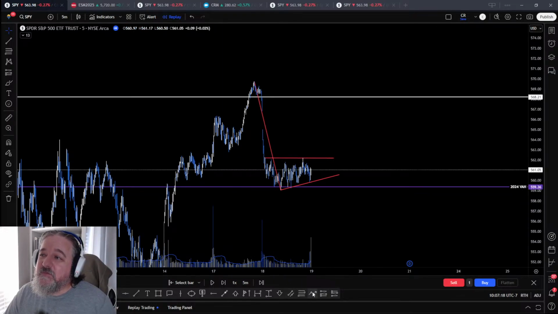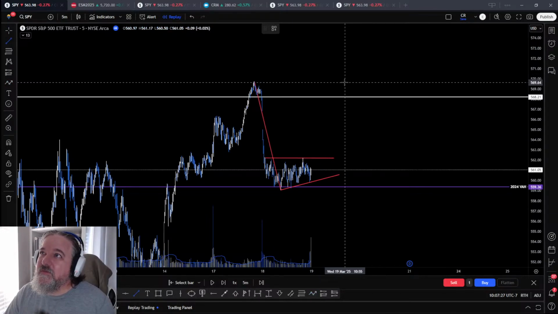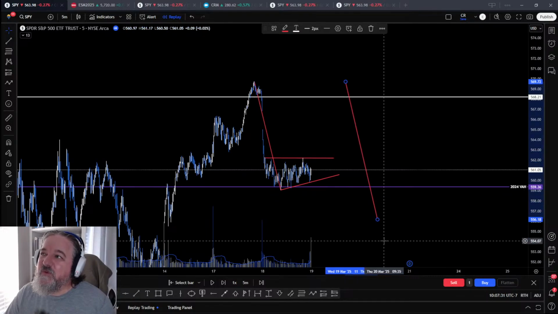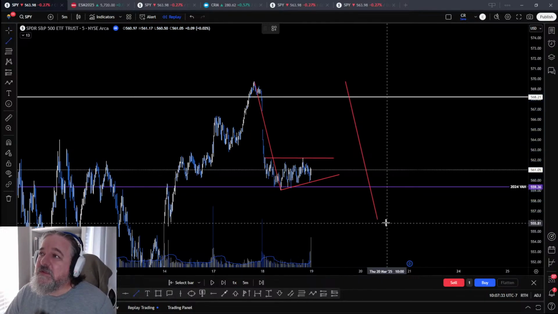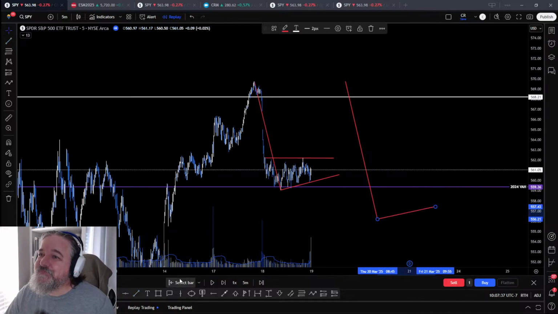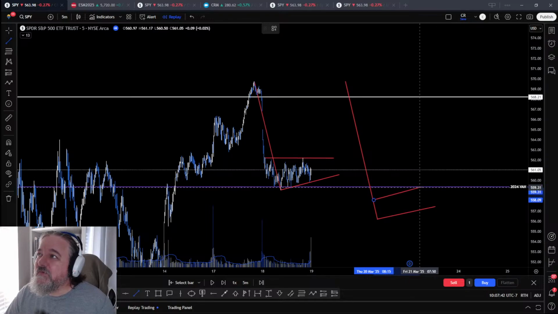But basically, what we were looking at before is a bear flag. If we were to draw this same bear flag, where this is the top of my flag, this is the bottom of my flagpole, and then this is the bottom of my flag, and this is the top of my flag, right?